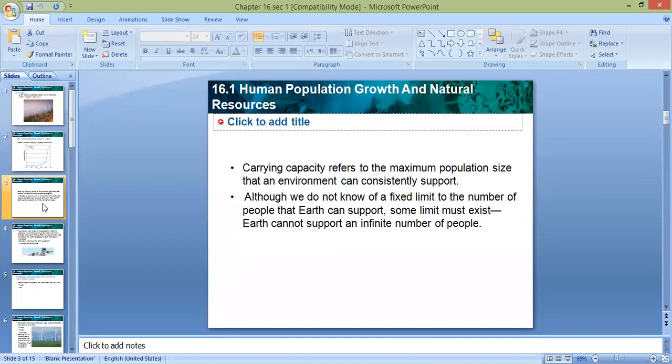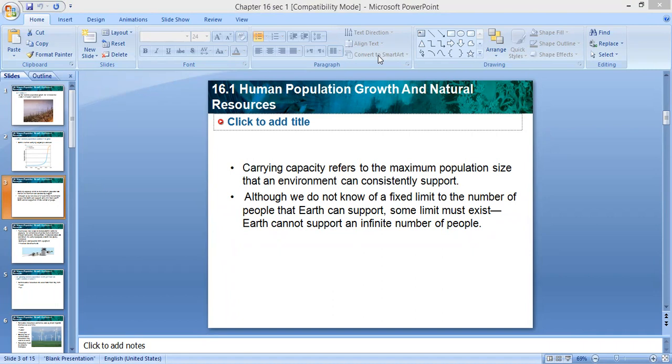Carrying capacity is the maximum population size that an environment can constantly support. Okay, so any space on the Earth has a carrying capacity, that means it can carry a maximum amount of population to support them with enough food, enough shelters, enough space to live there.